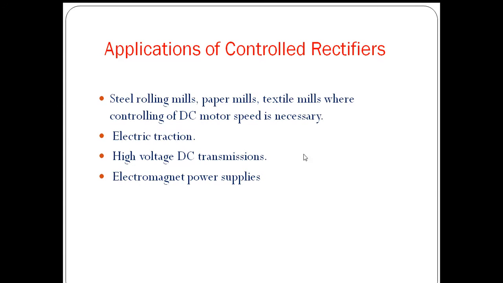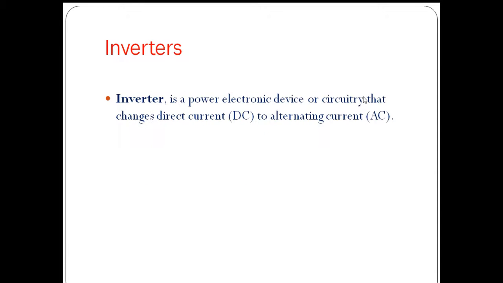The locomotive has to apply a huge amount of starting torque to move from the platform. That's why in electric traction we use these controlled rectifiers to convert AC into DC. We also use these rectifiers in HVDC, high voltage direct current transmission systems, and electromagnet power supplies. So these are the various applications of controlled rectifiers.